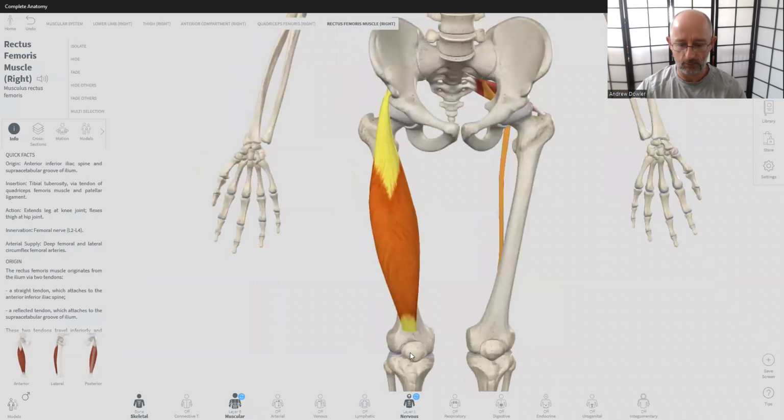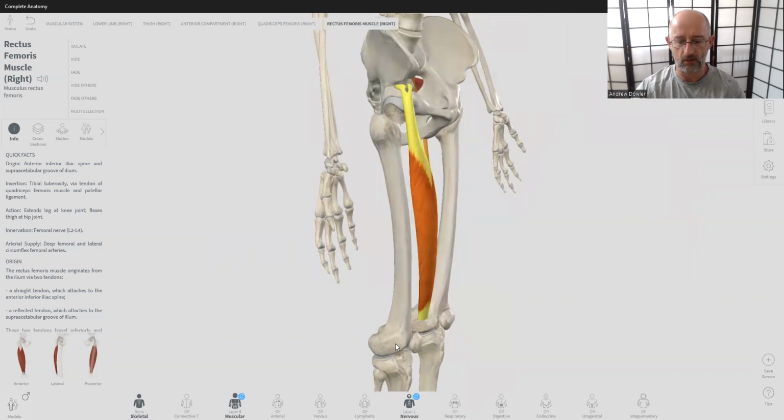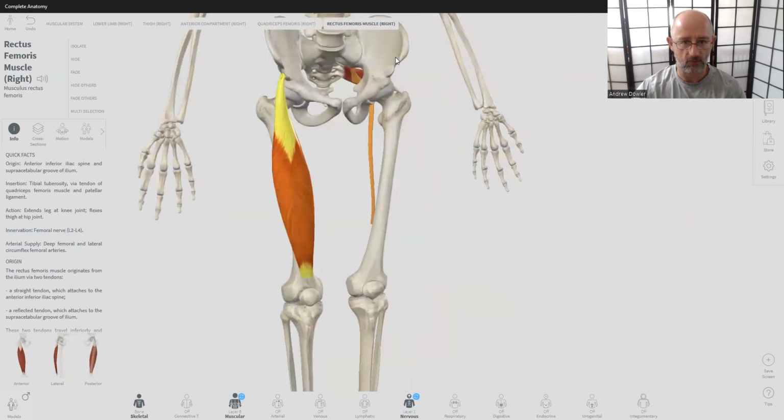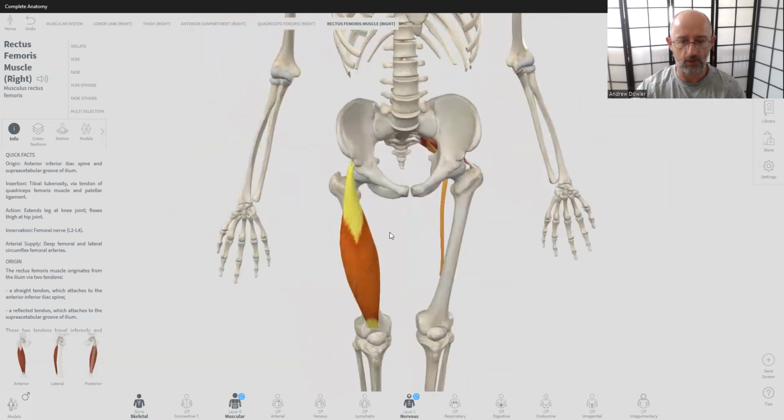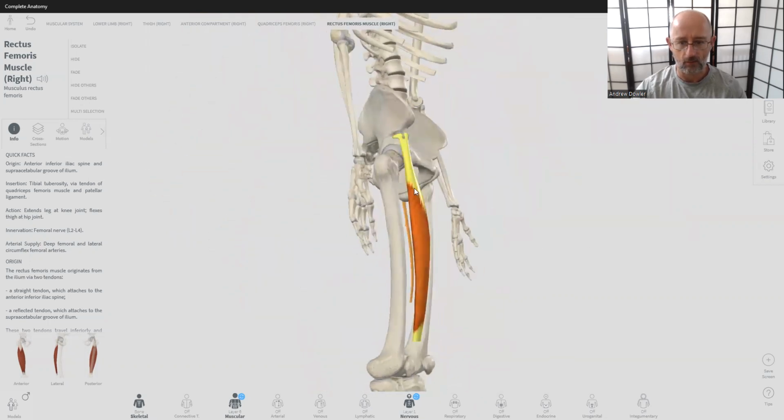Let's assume that the knee joint is fixed in extension, so there's no movement of the knee, or it's already extended. So when this muscle contracts, if you think about the line of pull, this is the joint here, the ball and socket joint of the femur, of the hip.